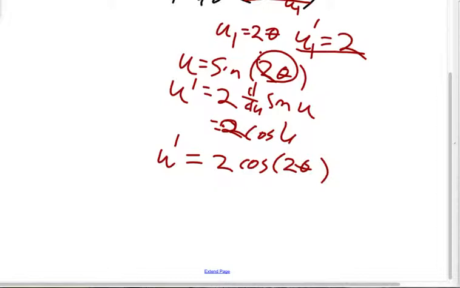Okay? And if you remember right, our original function was 1/4 sine of 2 theta squared. All right, so we've got all of this.